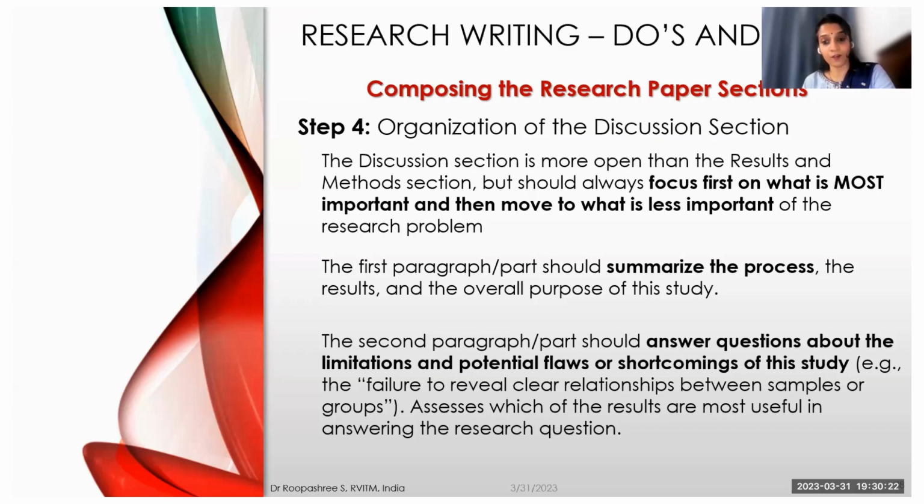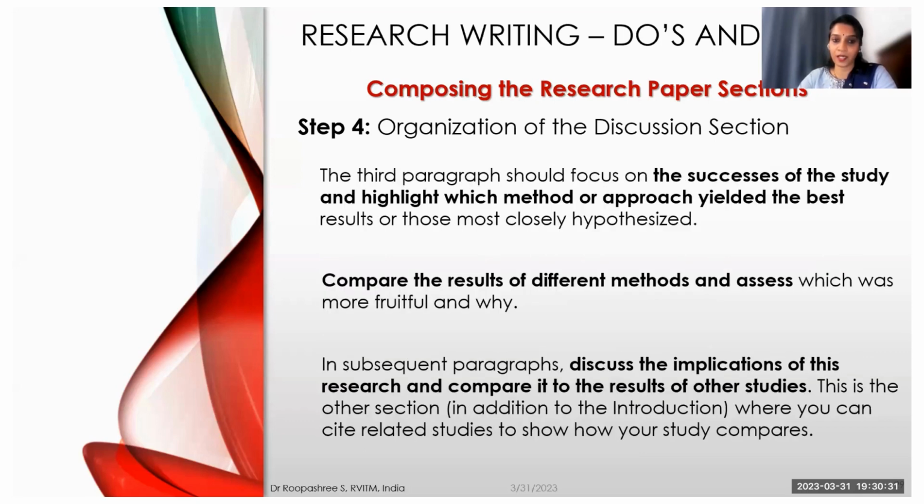The second paragraph should answer questions about the limitations and potential flaws or shortcomings of the study. The third paragraph should focus on the successes of the study and highlight the method or strategy that has yielded the best results or those closely hypothesized. Compare the results of different methods and assess which was more fruitful and why.